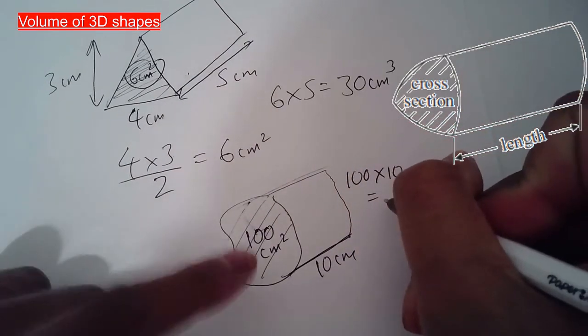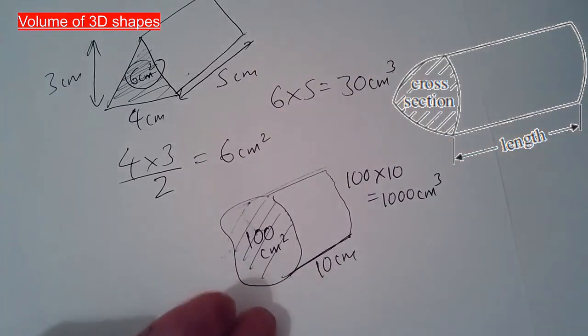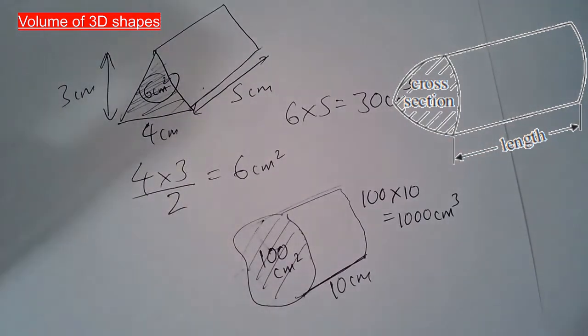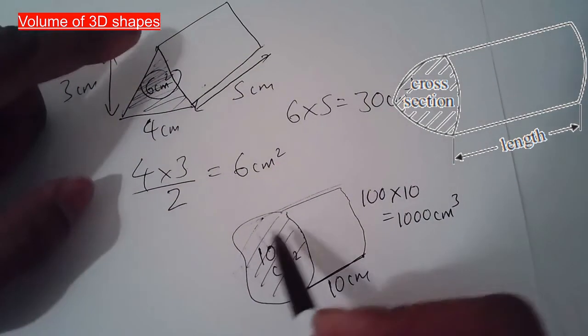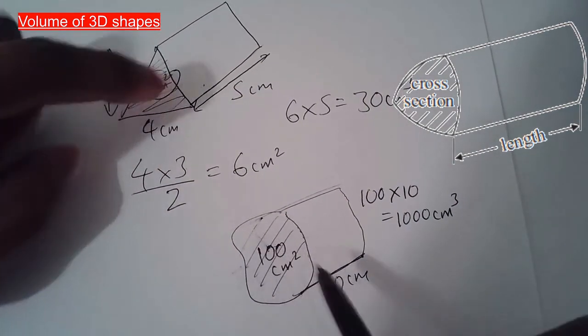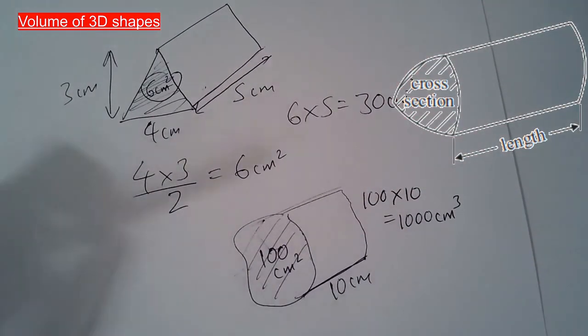In this example, it's 1000 centimeters cubed. Right? So remember, for any type of prism, first of all, you need to decide if the shape is a prism or not. If it is a prism, it's the cross-sectional area multiplied by the length. That will give you the volume of a prism.